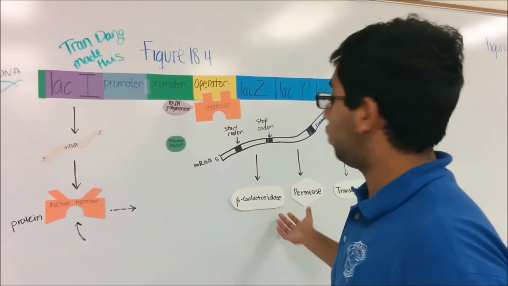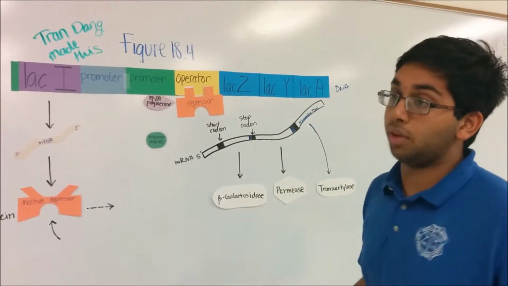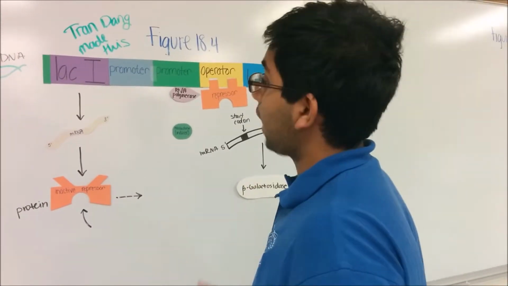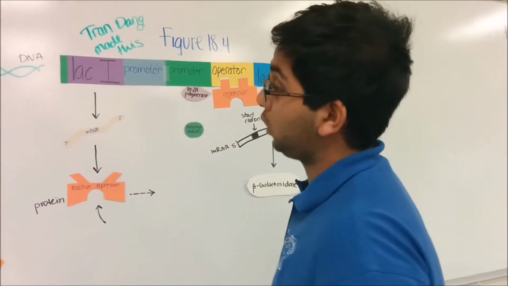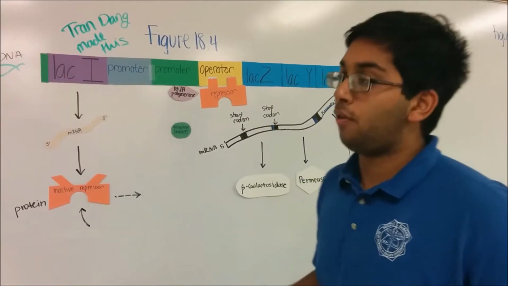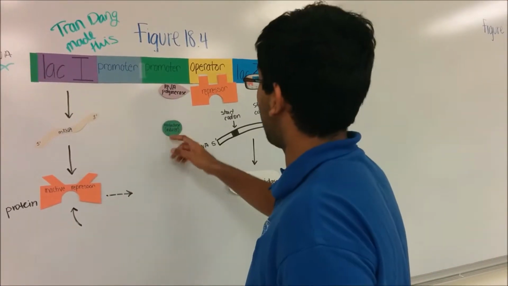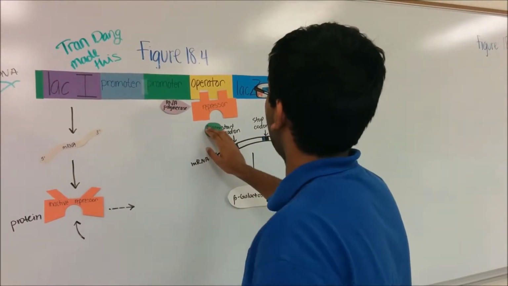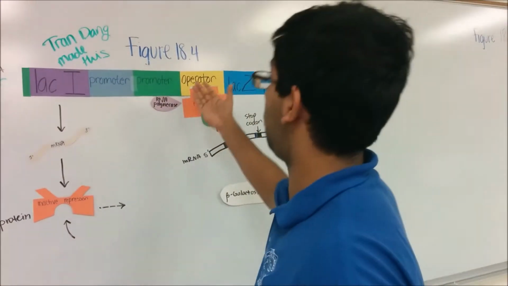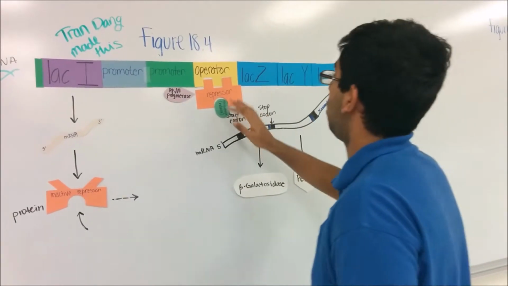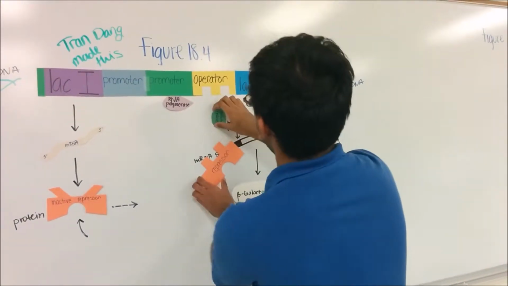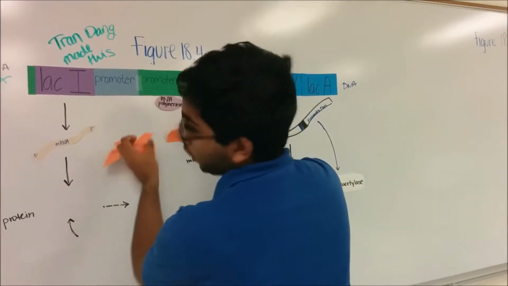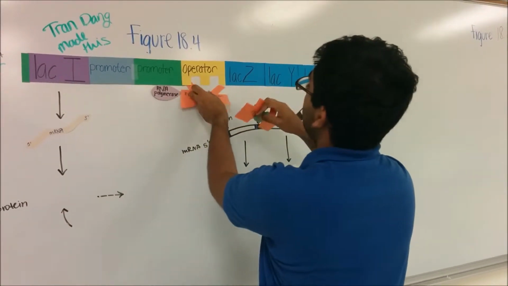So why would you need this? Well, you need this when there's a high amount of lactose inside the cell and you need to get rid of it. So when there's a high amount of lactose in the cell, fragments of that lactose called allolactose actually bind to the repressor, which at this point is still repressing this gene from encoding, and it'll actually inactivate it so that it changes shape, just like an allosteric inhibitor.